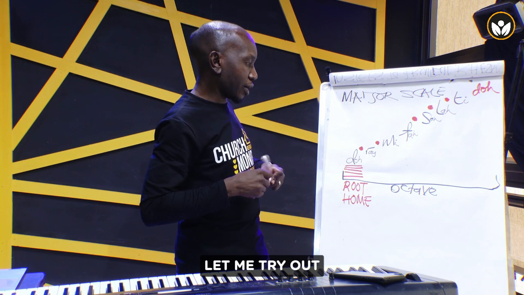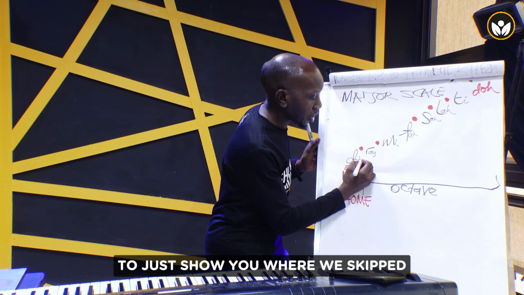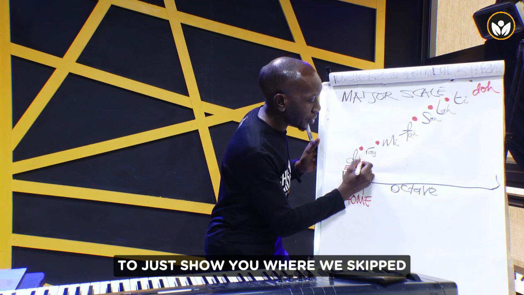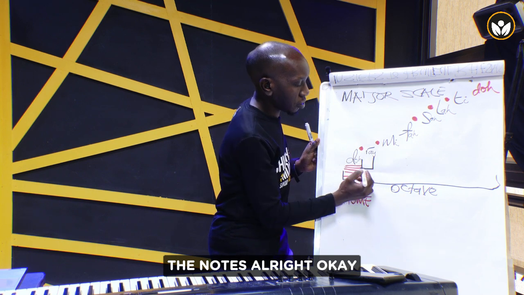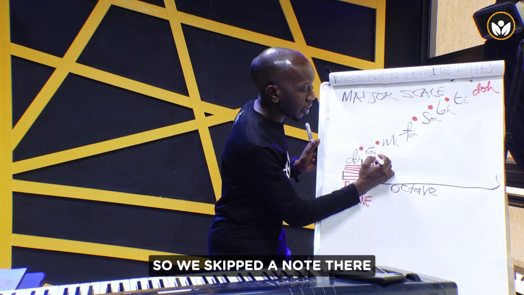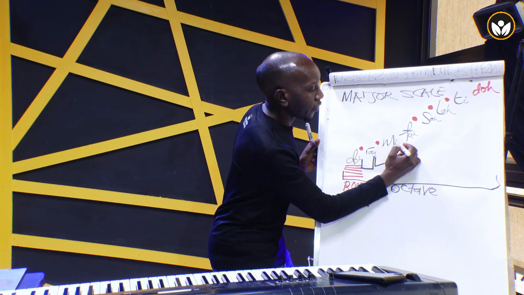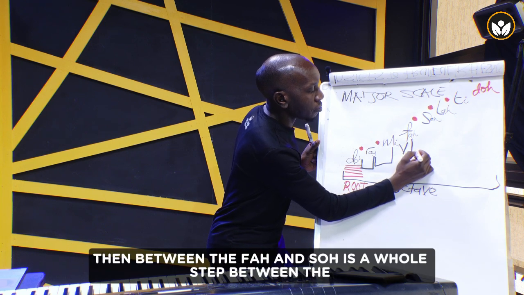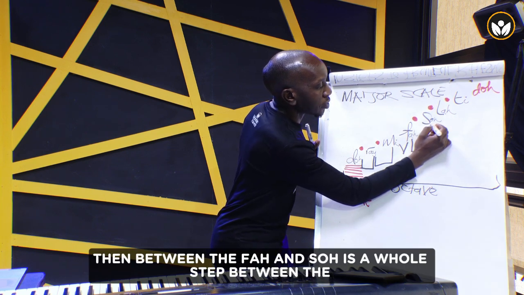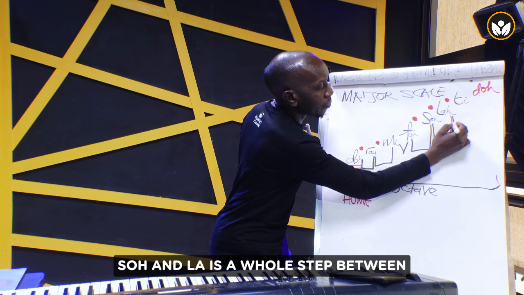So let me try using another marker here to show you where we skipped the notes. All right. Okay, so we skipped a note there, do, we skip a note there. Then here is a half step. Then between the fa and so is a whole step. Between the so and la is a whole step.